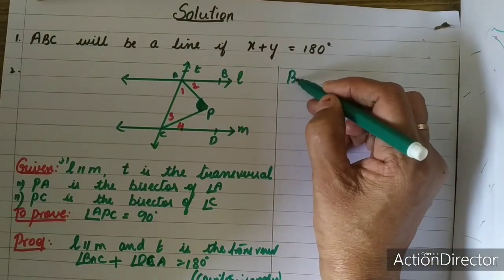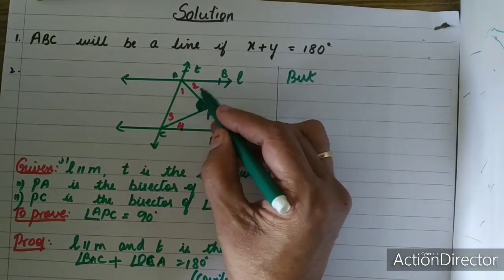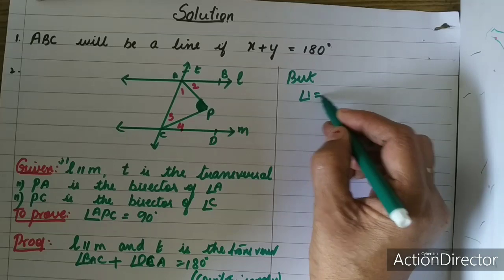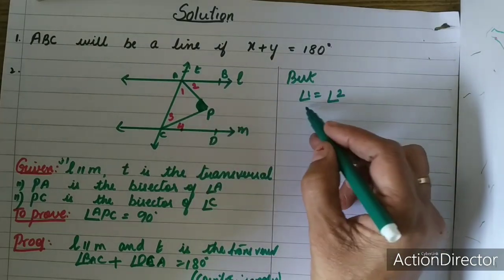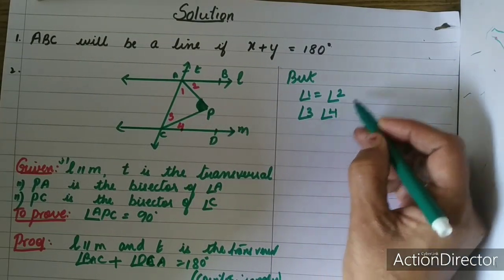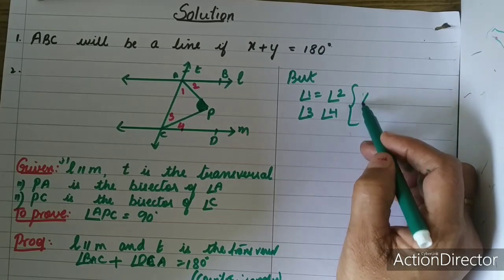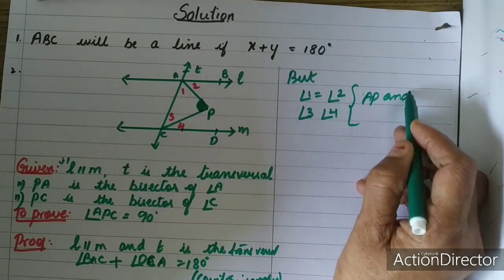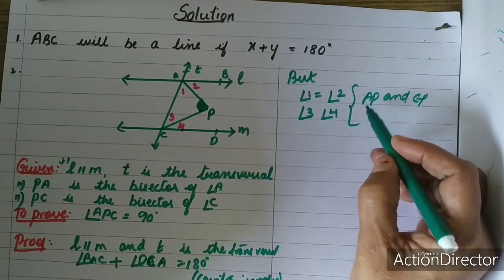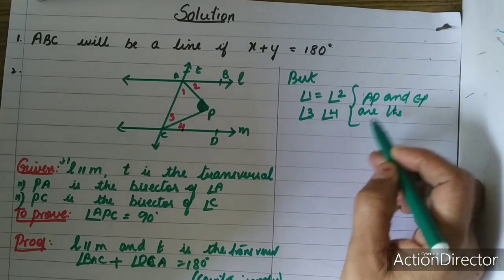But you know that angle 1 is equal to angle 2 and angle 3 is equal to angle 4. Reason, AP and CP are the bisectors.